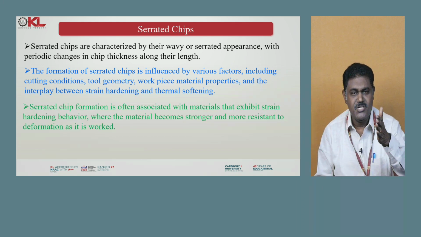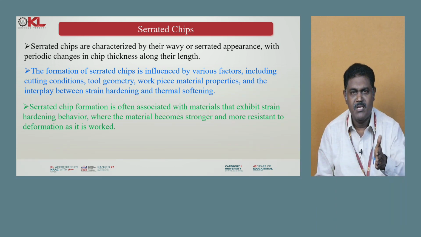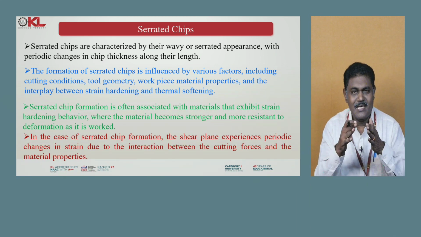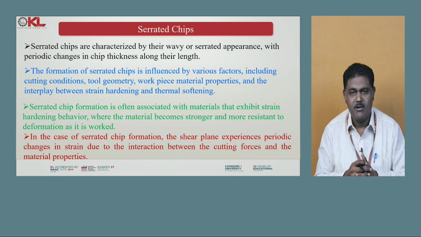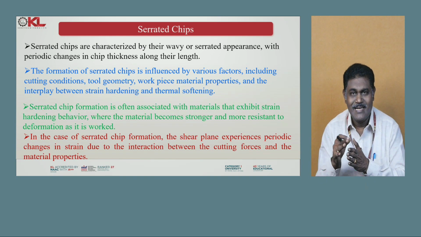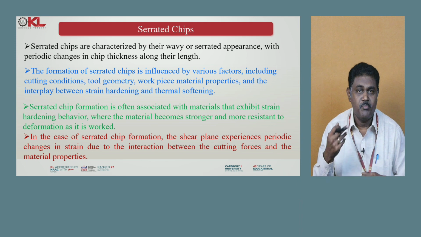Serrated chip formation is often associated with materials that exhibit strain hardening behavior, where the material becomes stronger and more resistant to deformation as it is worked. So, in the case of the serrated chip formation, the shear plane experiences periodic changes in strain due to the interaction between the cutting forces and the material properties.